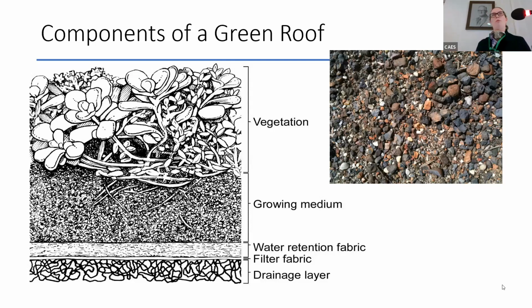On top of the waterproofing membrane for the roof, you'd have a drainage layer to help excess water move off the roof. Filter fabric to keep fine particulates in the media rather than clogging the drainage layer. Some will have water retention fabrics to help boost that water holding capacity. And then the growing media, which is a mix of heat expanded slate or shale, other lightweight materials, and a small percentage of organic matter.